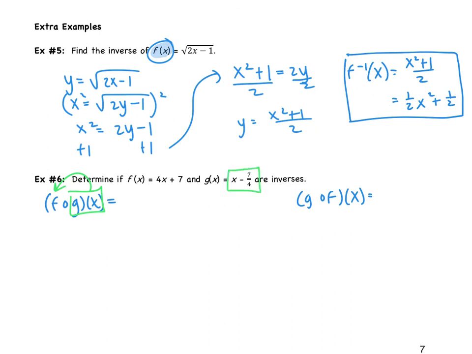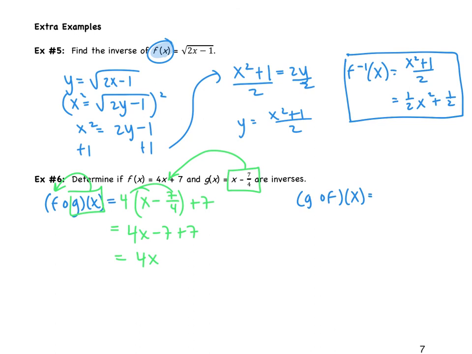So g of x is going to go into f. So I get 4, instead of x, I'm going to write all of g. Distribute that 4, so we get 4x minus 7 plus 7. Those 7s will cancel each other out, and we get 4x.